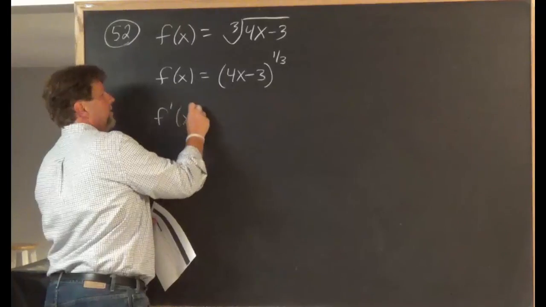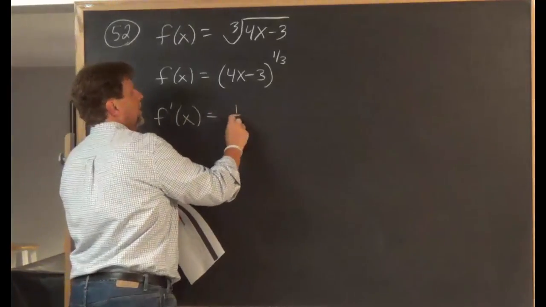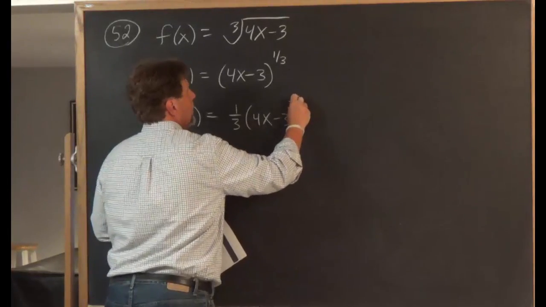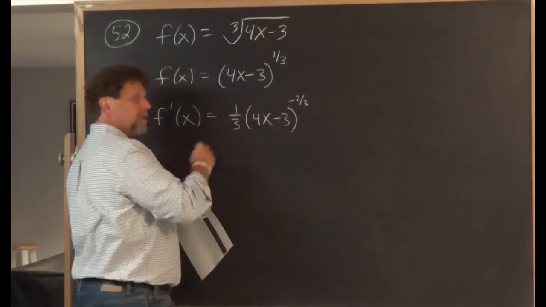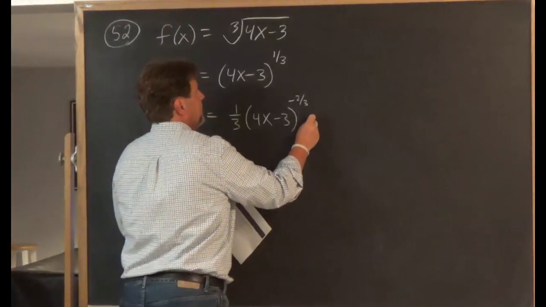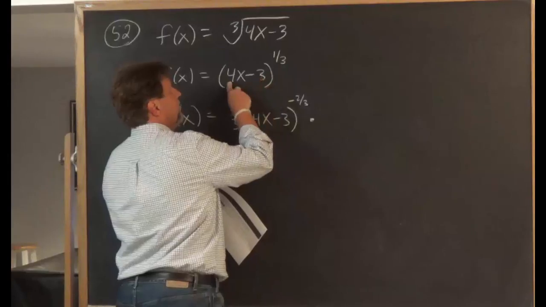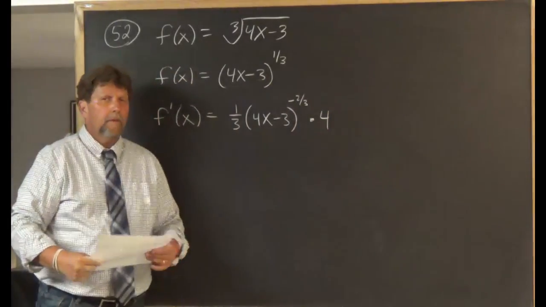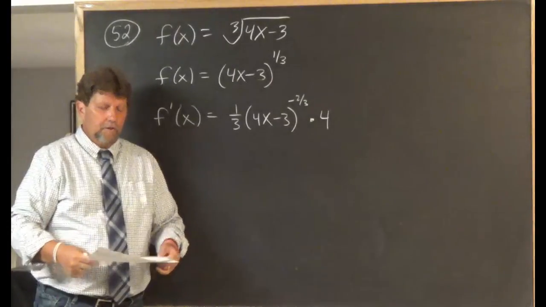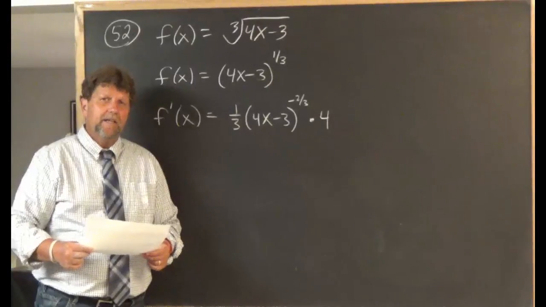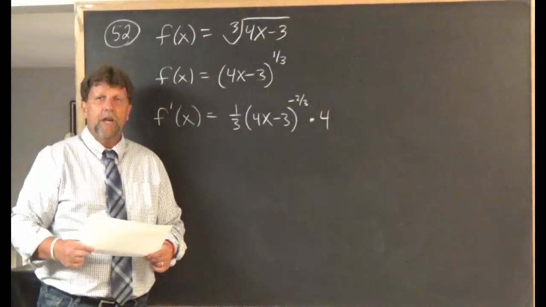Then the derivative, using the chain rule, 1/3 times 4x minus 3 to the negative 2/3. It's the derivative of the outside, times the derivative of the inside function. So the derivative of 4x minus 3 is 4. That's it. So hopefully you got number 52. So let's head on back to the slides and see what else we can do with the chain rule.